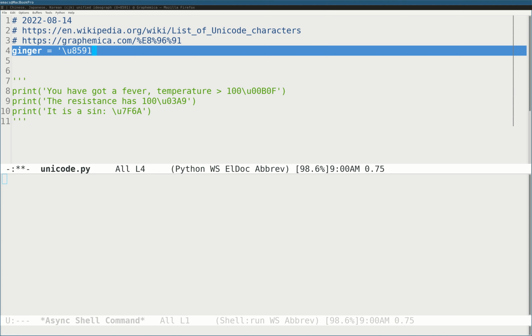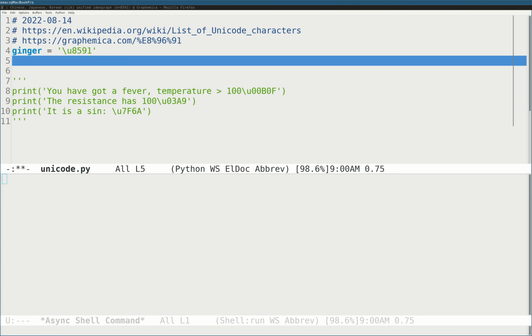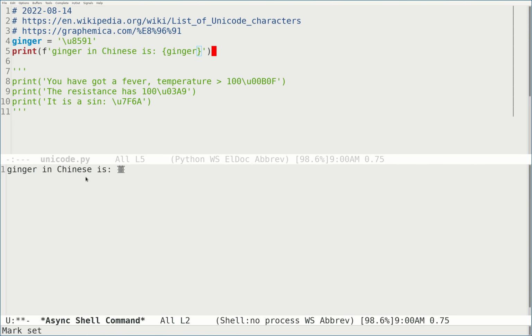Then see whether it works. You say ginger in Chinese is, and then print ginger. Yes, it works. Ginger in Chinese is like this.